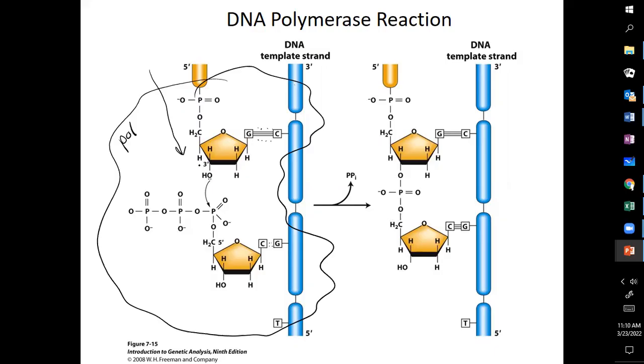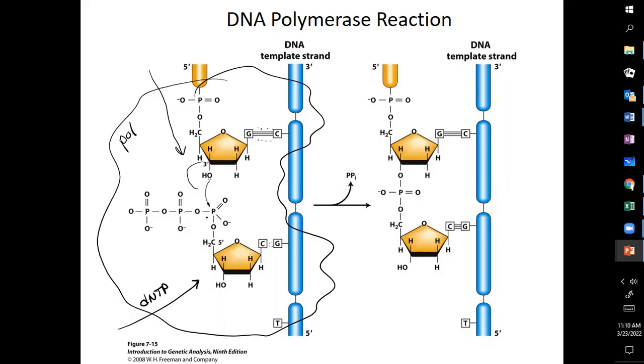DNA polymerase in the active site recognizes this hydroxyl group in the incoming deoxynucleotide triphosphate. So the substrate here is the 3' end of the growing strand and a nucleotide triphosphate, 1, 2, 3. Well, wait a second. I thought, don't we only have one phosphate in the strand?